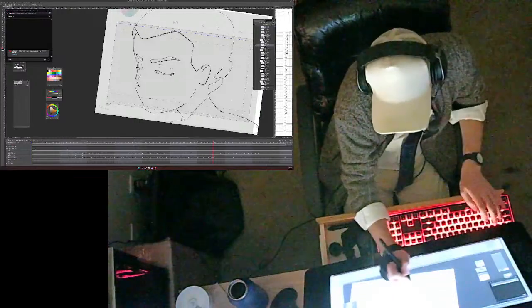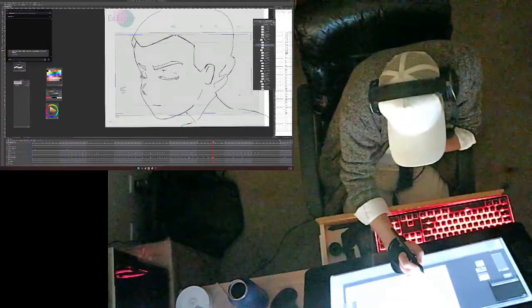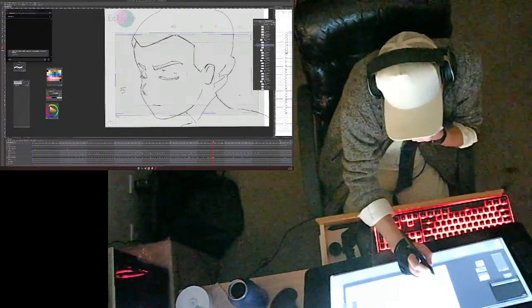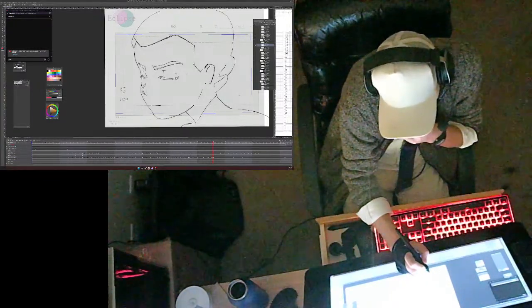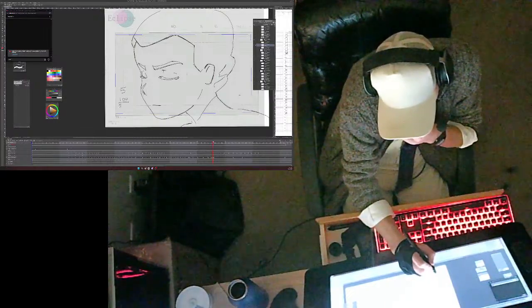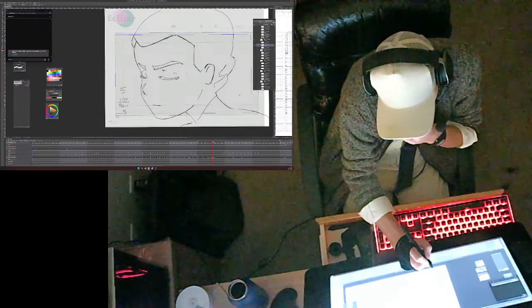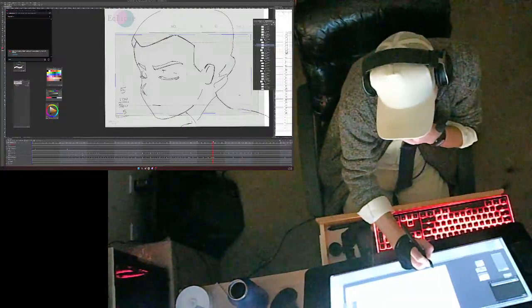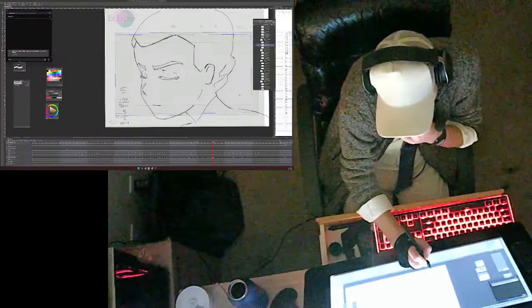So if your amount of motion was 5, but your exposure was 100, that would be slow. But if your amount of motion was 5, and your exposure was 2, that would be fast.